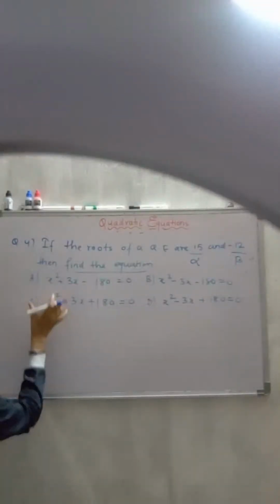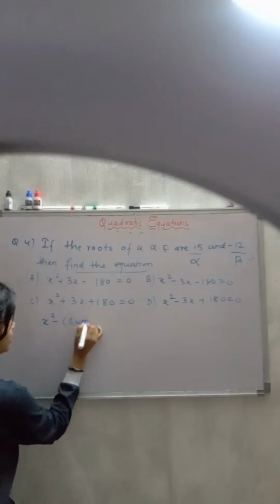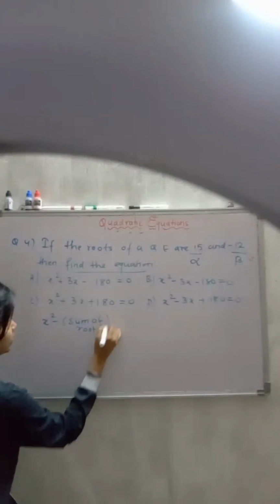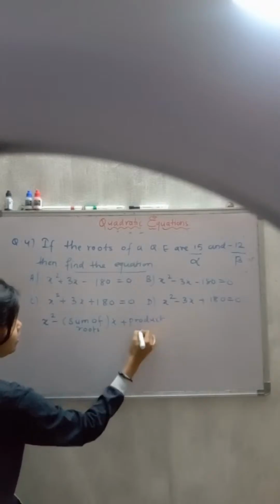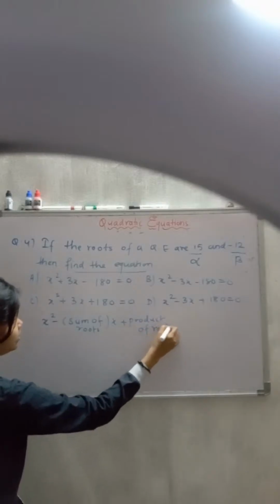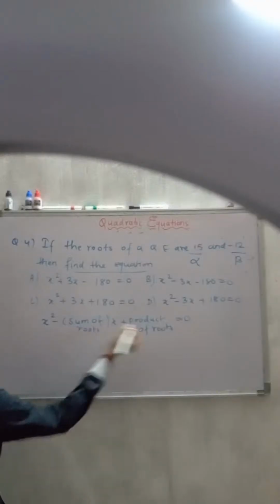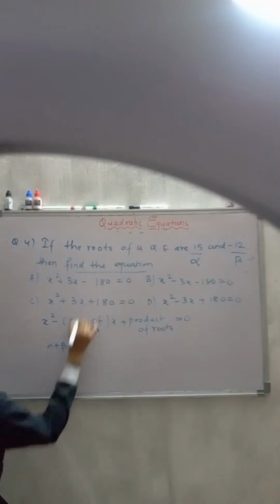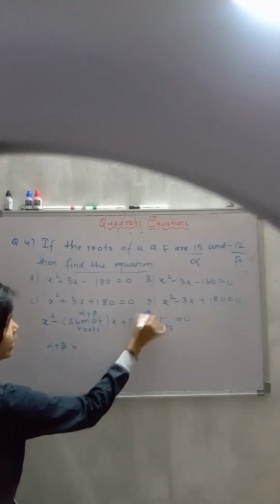To frame this quadratic equation, we know x square minus sum of roots times x plus product of roots equal to 0. This is the generalized form of a quadratic equation if we have sum and product. So let's find the sum. Sum of roots is alpha plus beta, and product of roots is alpha into beta.